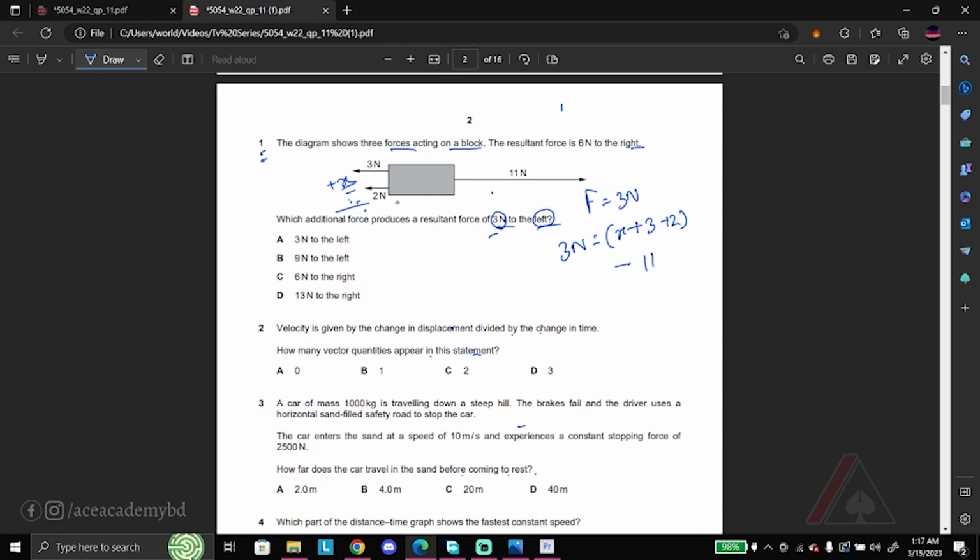If you equate this, which would be x plus 5, 11 plus 3 is 14, so x will be 9 newtons. And since this 9 plus 5 is 14 newtons now at this side, the resultant force will be on the left. So it's 9 newtons to the left. So this is our answer.